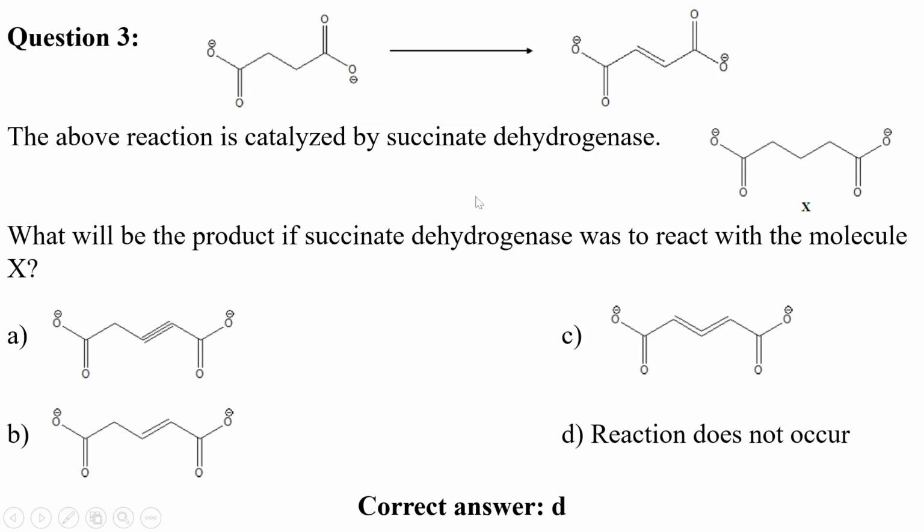Still, the catalysis won't happen because those active residues responsible for the catalytic action, like particular amino acids that are going to do the catalytic reaction, won't get those particular groups or particular conformation from which they can perform the catalysis.